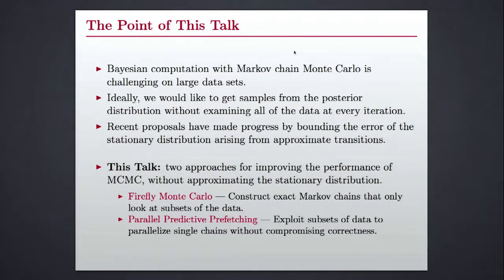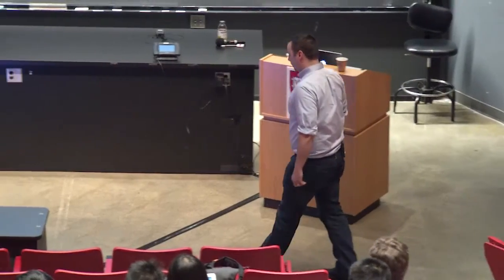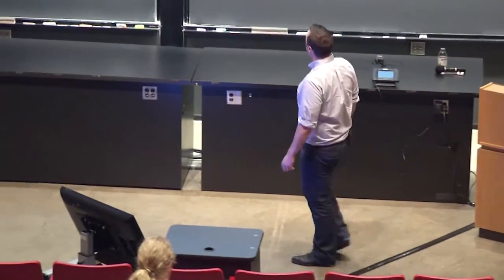This first work is with Dougal McLaurin, my student, and the second work is primarily with Elaine Angelino, who's now with Mike at Berkeley, and some other folks doing systems research at Harvard, such as Margo Seltzer and Eddie Kohler.